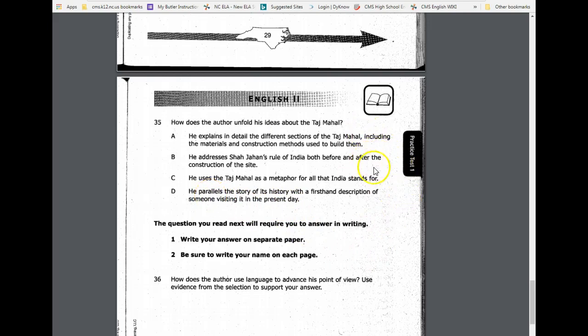But once you've eliminated the other three answers, once you've decided, yeah, these don't fit the passage, none of these three fit the passage. Once you've decided on that, and then you see key words like first-hand, visiting, and history, you've got to choose D. It's really the only logical answer choice.